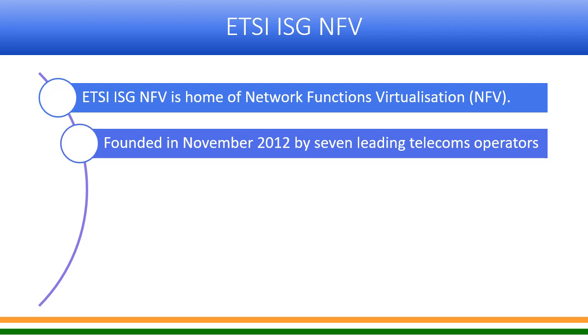This group, ISG, was founded in November 2012 by 7 leading telecom operators of the world, and later on it was joined by most operators, OEMs, IT companies, and open forums. There are many forums working on open source concepts for various IT related things, so they are also helping ISG NFV.